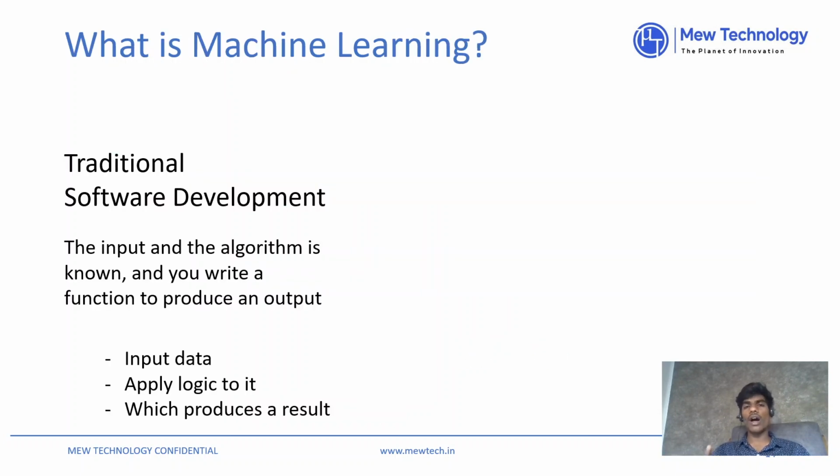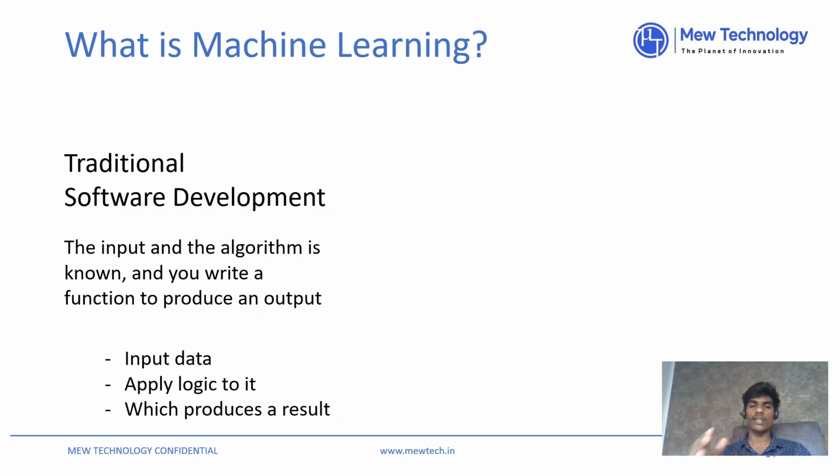How do I solve this programmatically? I already know what the options are. I have two options. One is traditional programming, another one is machine learning. What is traditional programming? I have an input, I have an algorithm, I write a simple function.